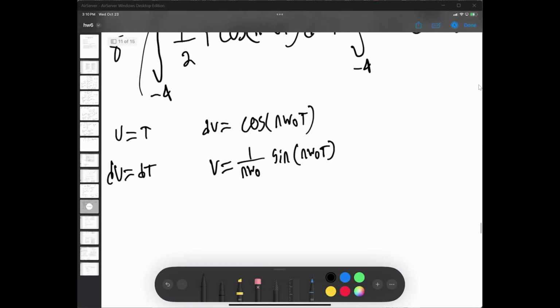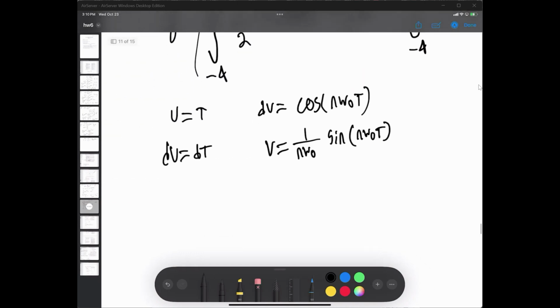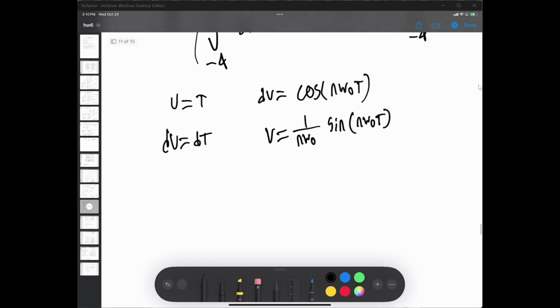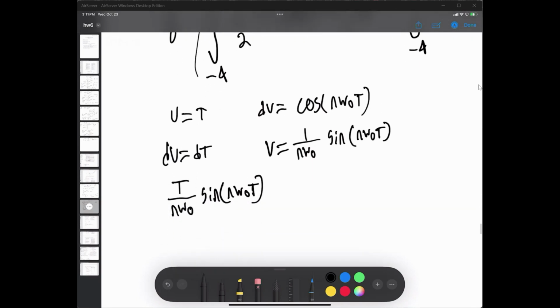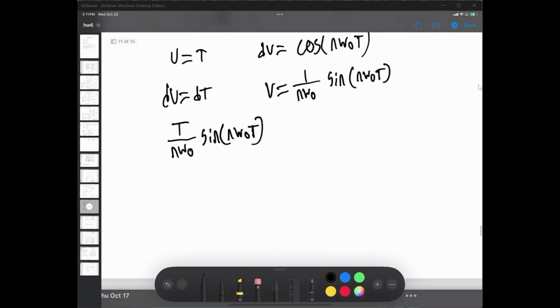Let's keep going forward with this. We're going to do uv on the left, t over n omega naught, sine of n omega naught t. What is that, 1/2 there?